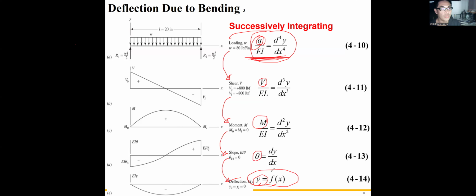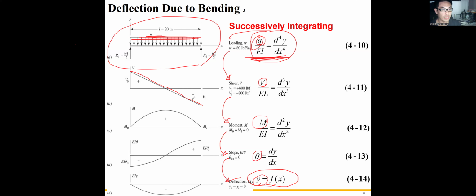Okay, so if we can figure out the loading, we can draw the free body diagram and take the integration, so we can figure out its shear force diagram. In this case, the distributed load is constant, it's flat. So after integration, the flat will turn into a linear line with a slope.